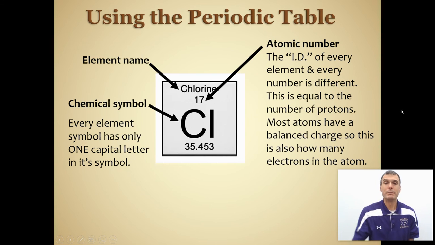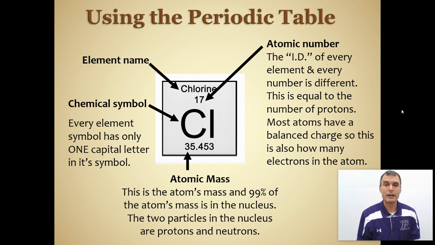And also, because the charge in a typical atom is equal, meaning the positive and the negative are the same number, if you know the number of protons, which have a positive charge, then you also know the number of electrons, which have a negative charge. So for example, chlorine has 17 protons, and it also has 17 electrons. The last thing we want to talk about is this number on the bottom, which is a decimal number. This is the atomic mass.